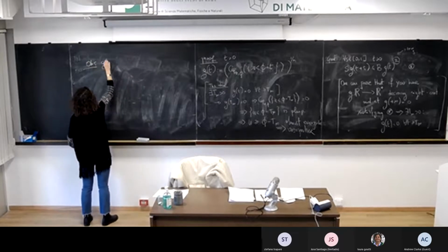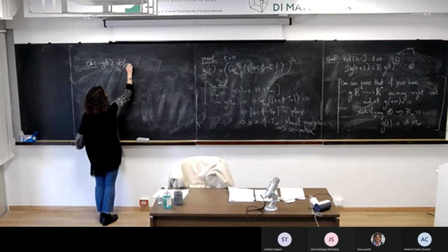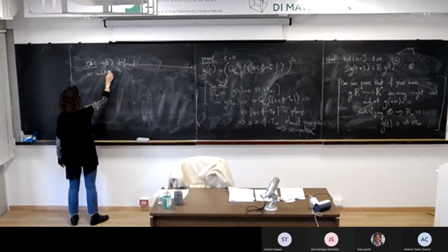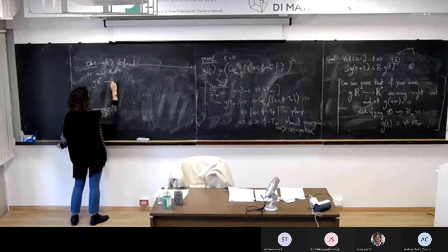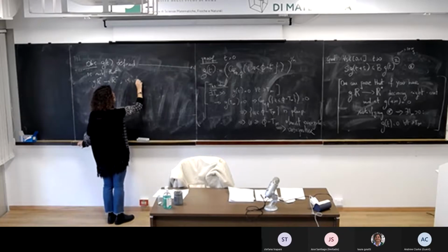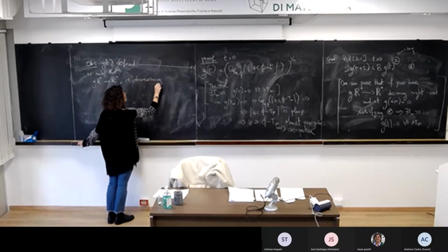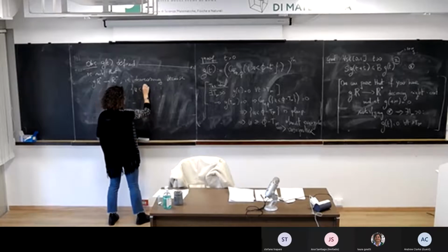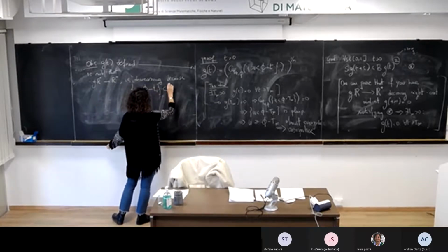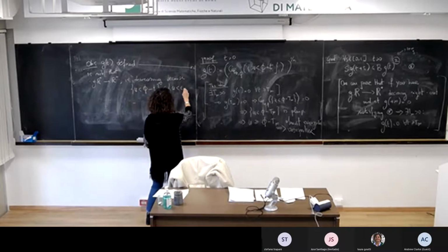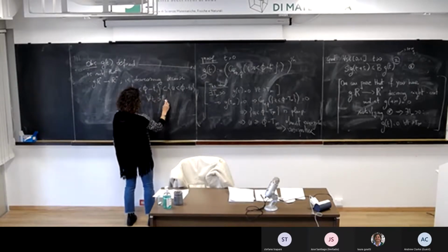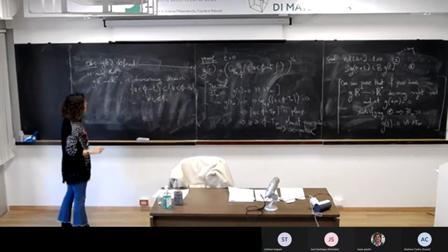G of t defined here is such that G is from R plus to R plus, is decreasing because, I'm just writing down again, the set of u less or equal than phi minus t1 is contained in u less than phi minus t2 for any t2 less than t1.